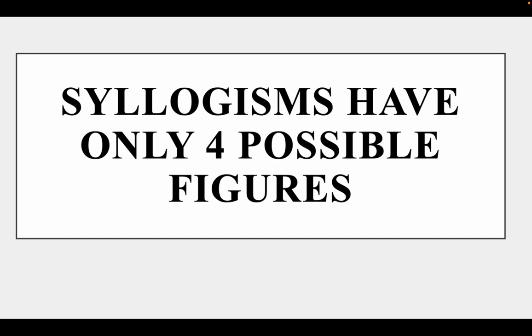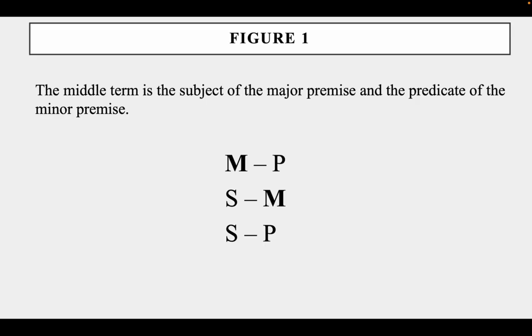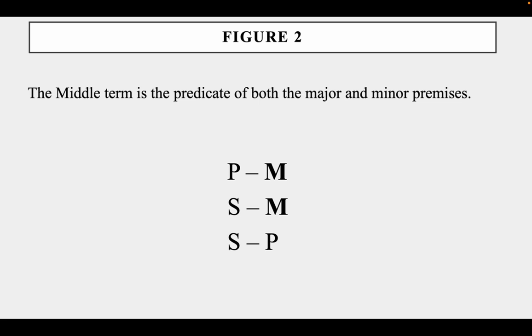Now, there are only 4 possible figures, 4 combinations. The first figure, as you can see, the middle term occurs as the subject of the major premise and the predicate of the minor. Figure 2, the middle term occurs in both premises, major and minor, in the predicate.